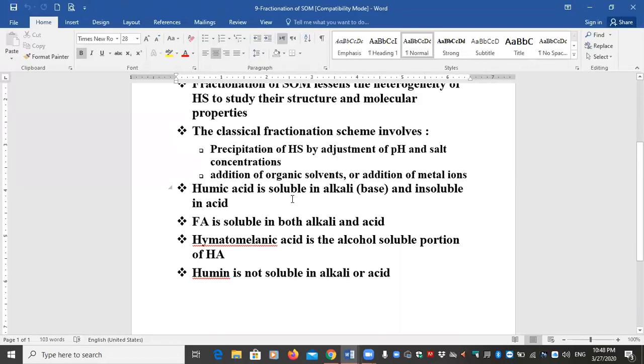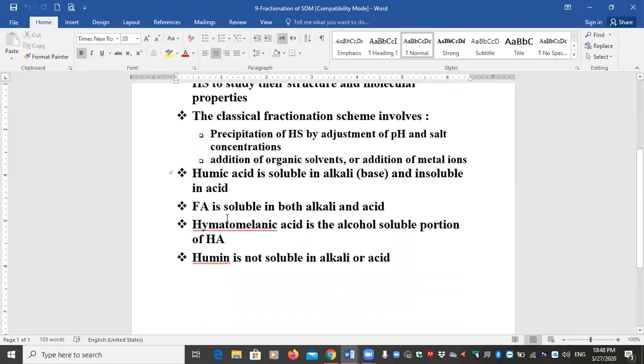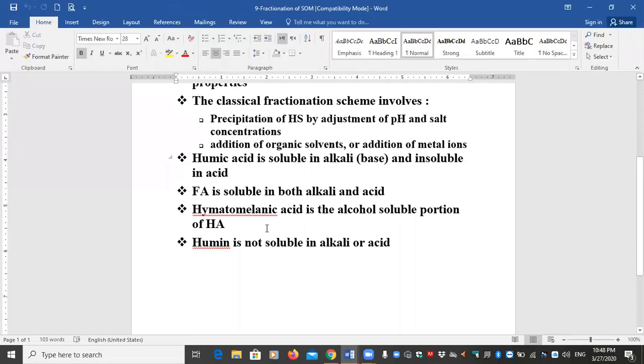Humic acid is soluble in alkali or base and insoluble in acid. We just saw that in the diagram a minute ago. So the humic acid dissolves in bases, in alkali solutions, but it does not dissolve in acid. Fulvic acid is soluble in both alkali and acid, so it dissolves in bases and acid.